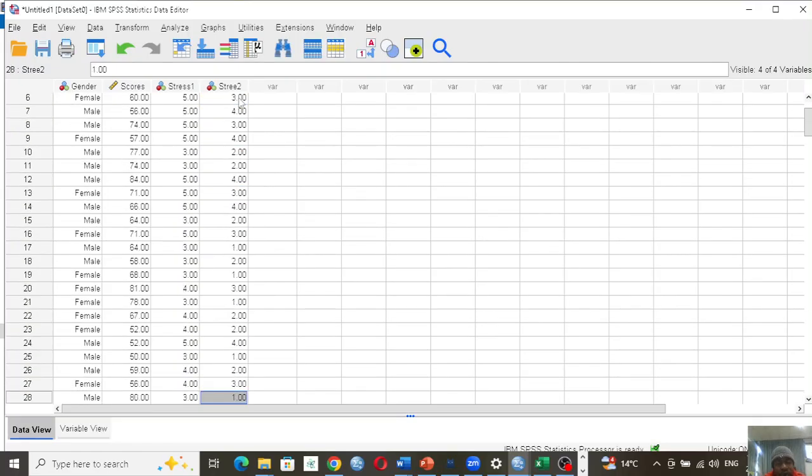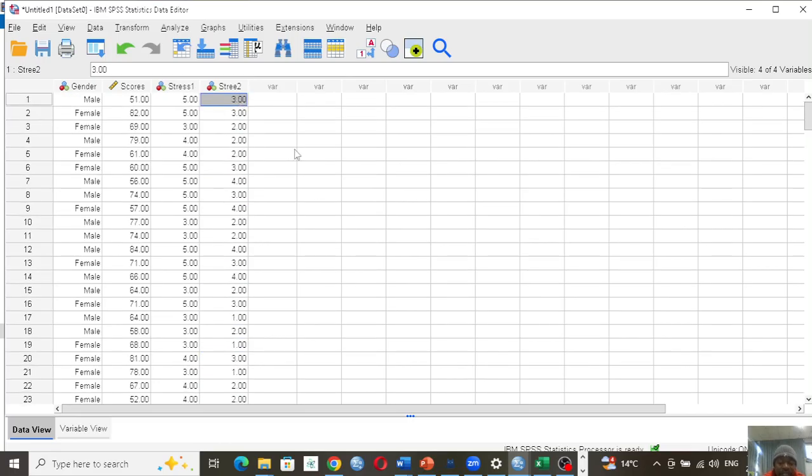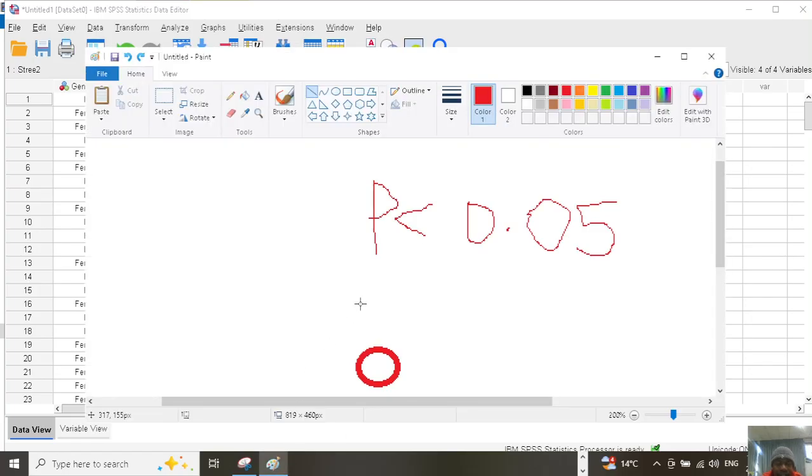So now we want to compare if there is a statistically significant difference. For it to be statistically significant, we compare it with a threshold that is 0.05. If it is statistically significant, that means the p-value that we are going to derive should be less than or equal to 0.05.